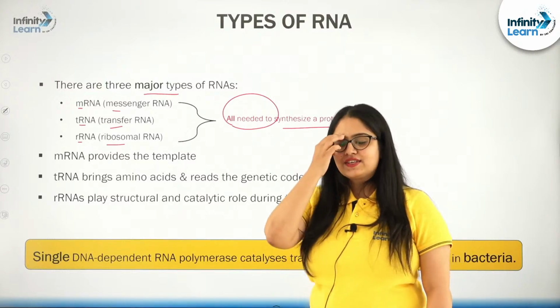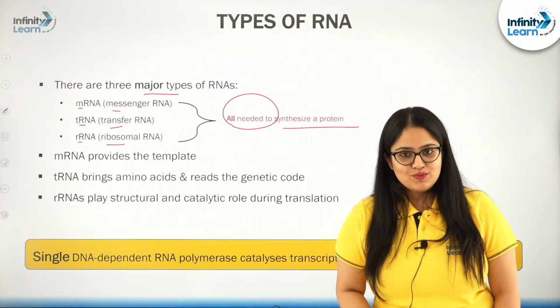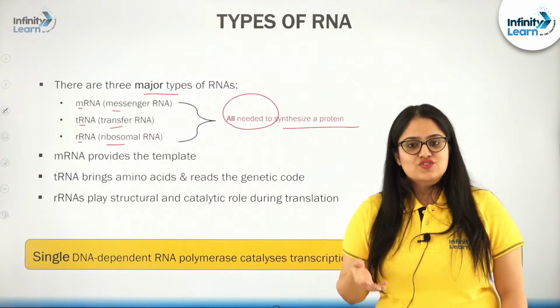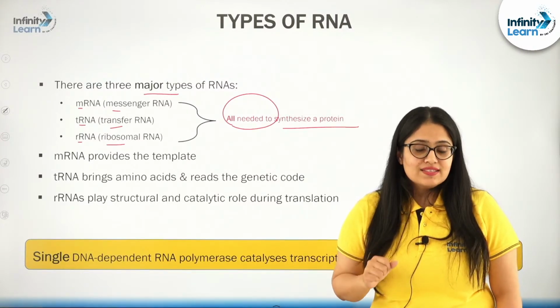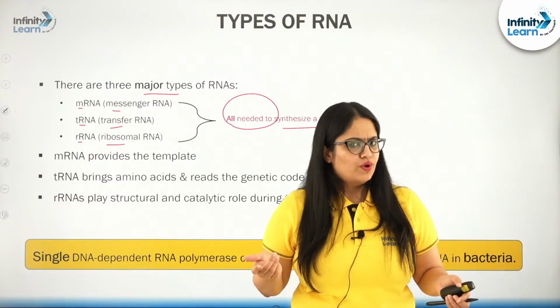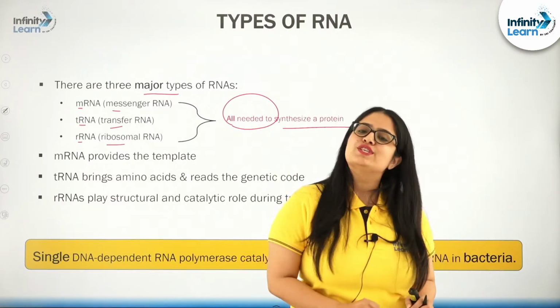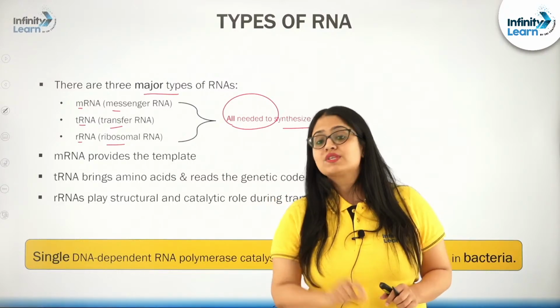Next, what is the function of rRNA? rRNA is the ribosomal RNA. rRNA is the structural RNA. Why is it known as structural RNA? Because it helps in the formation of a structure. What kind of structure? Ribosome, right? So, rRNA helps in formation of ribosomes.